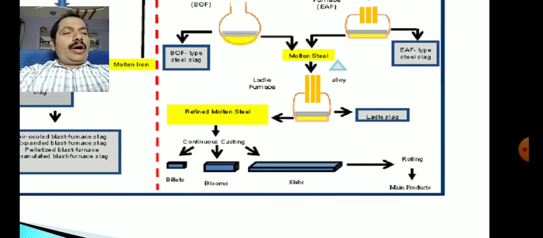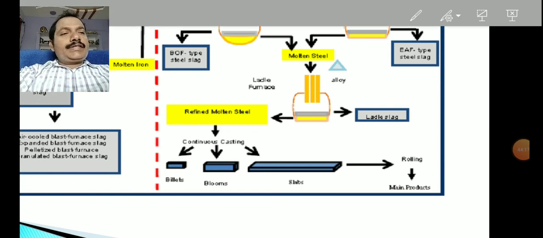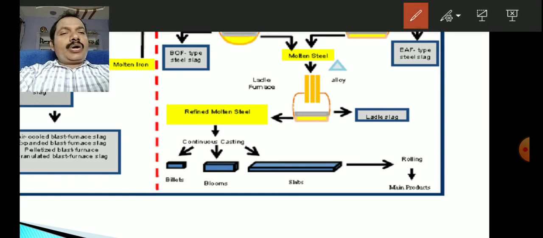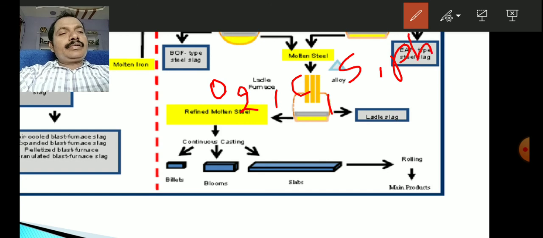So now, because of the oxygen lance, the oxygen is reacting with carbon and sulfur and phosphorus and silicon.